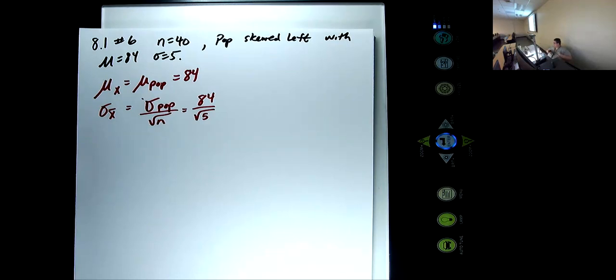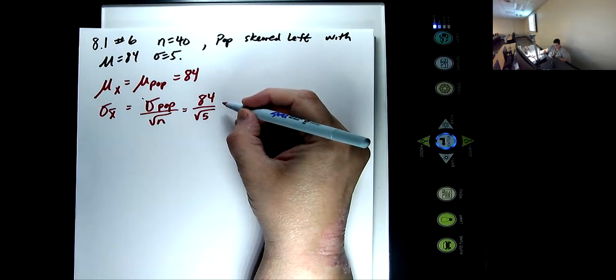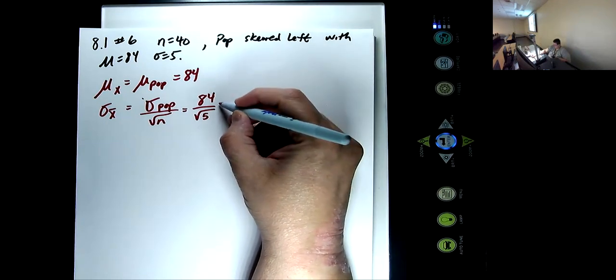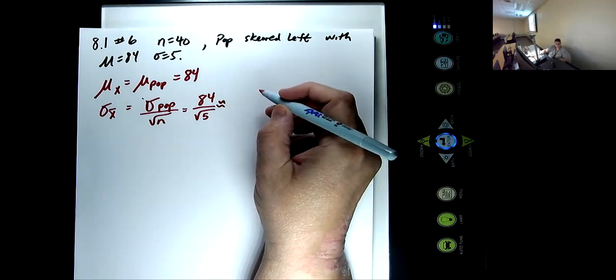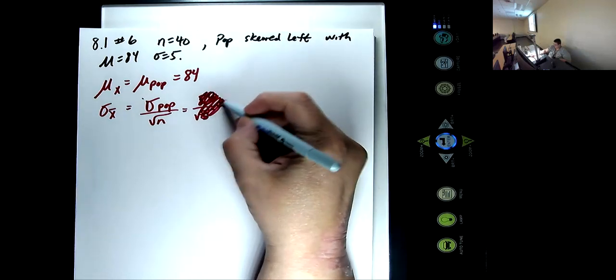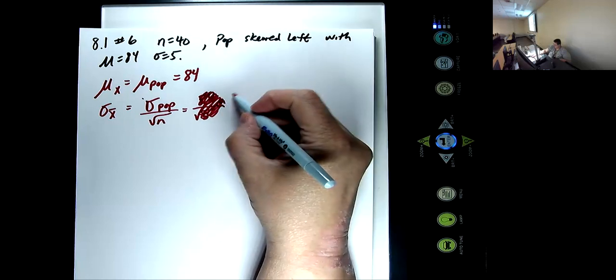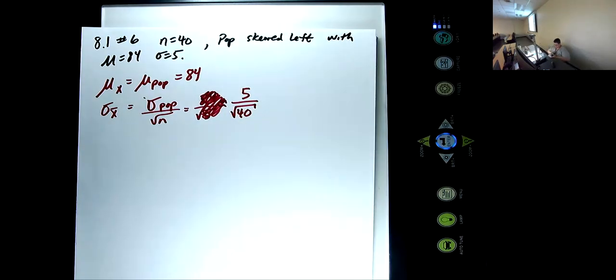Get out my handy dandy calculator. Wait a second. The standard deviation is 5. n is 40. There we go. I was using the wrong number, that was way too large.